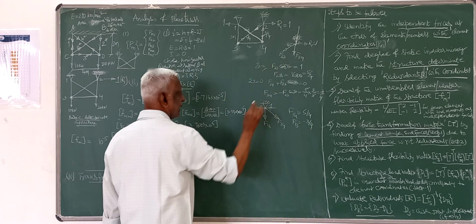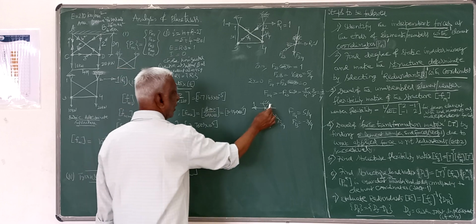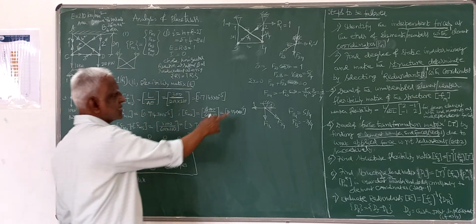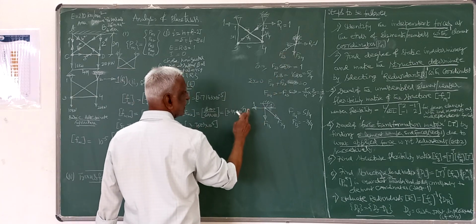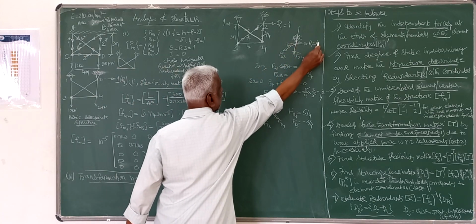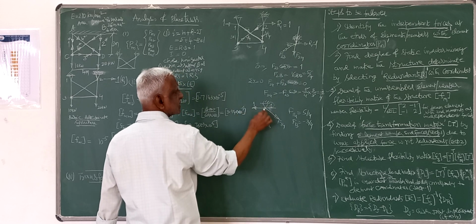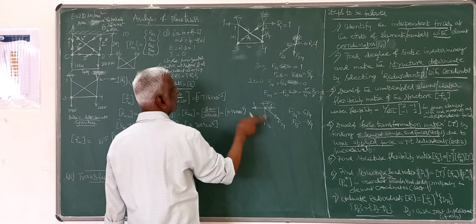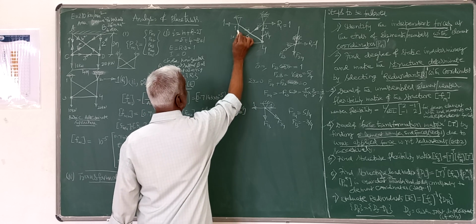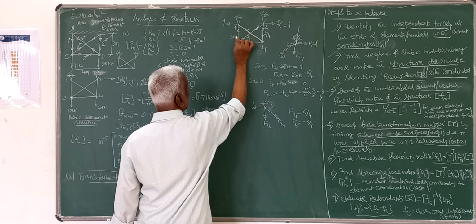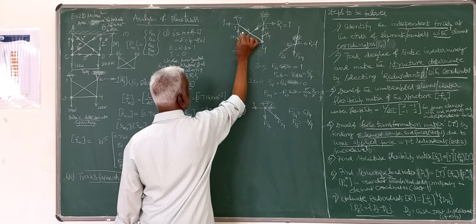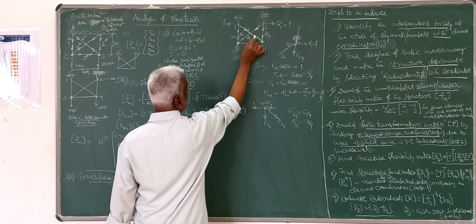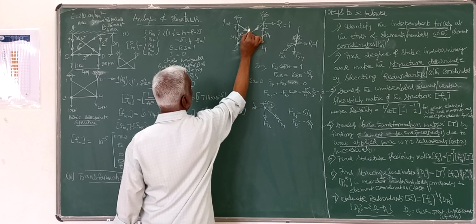If I apply method of joints at joint 1, I will get the same forces. If I apply sigma is 0 here also, I will get 3 by 4 and 5 by 4.